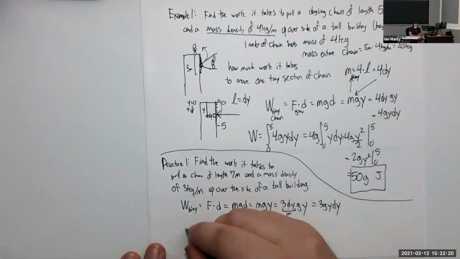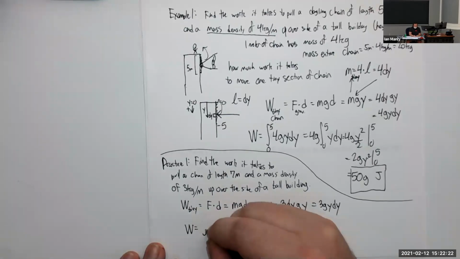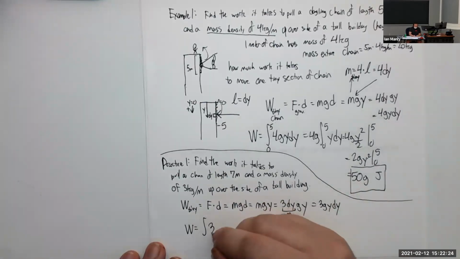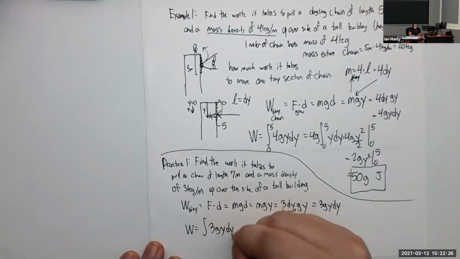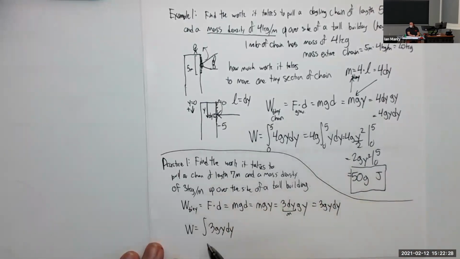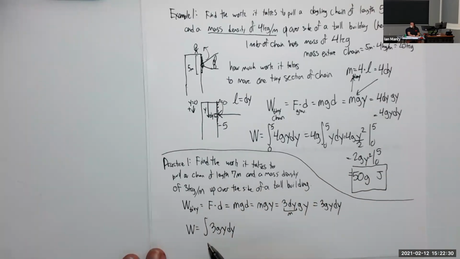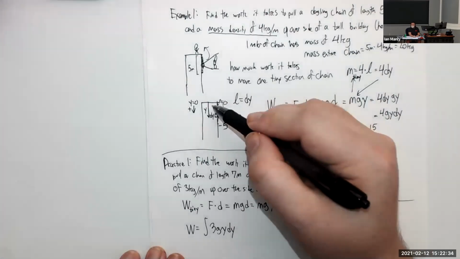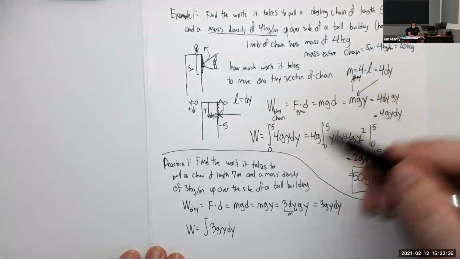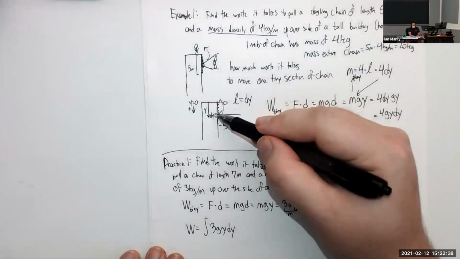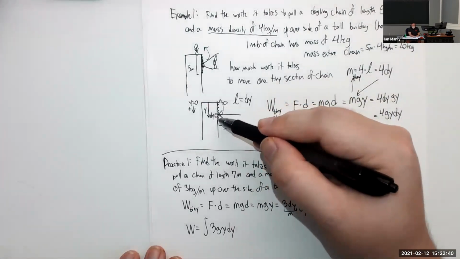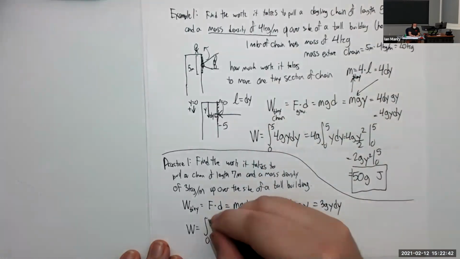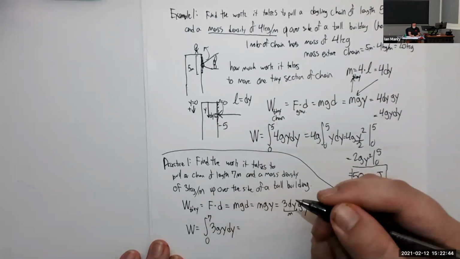All right, so this is the amount of work it takes to move up a tiny amount of chain. So if we want to move up all of the chain, we throw it into an integral. Now this time, remember, we need to always have our bounds be wherever the physical object is. So we start from 0 meters down from the top. And since it's a 7-meter chain, as low as we can go, our max distance from the top is 7. So we have the integral from 0 to 7.